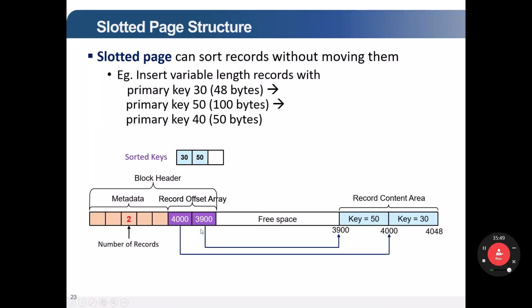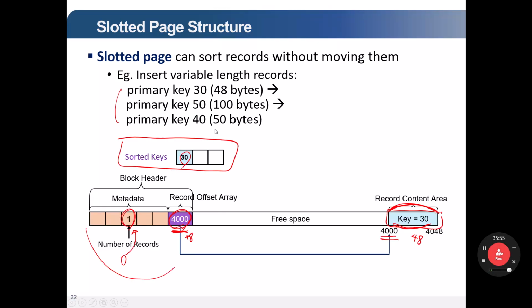And then let's insert the next record, key 50. After writing the first record, we need to update another piece of metadata which is not shown in my example. There should be a pointer that points to the end of the free space.